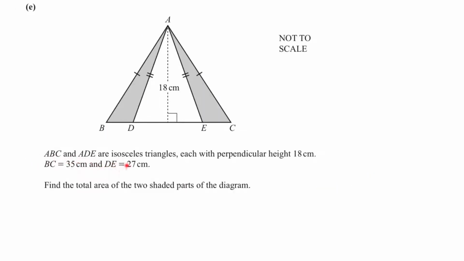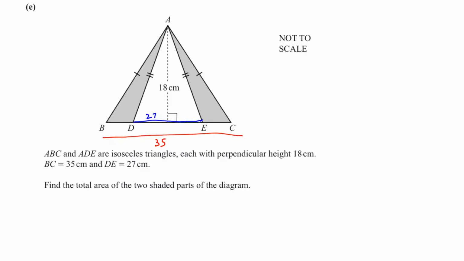ABC and ADE are isosceles triangles, each with a perpendicular height 18 centimeters. BC is 35, so this whole line is 35, and DE, this line here, is 27. Find the total area of the two shaded parts of the diagram.